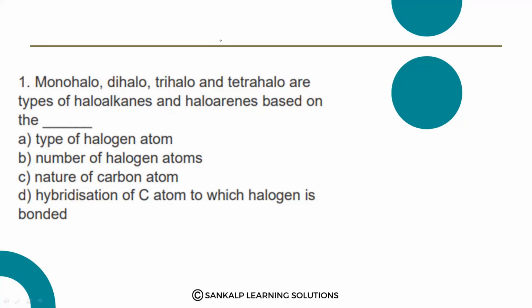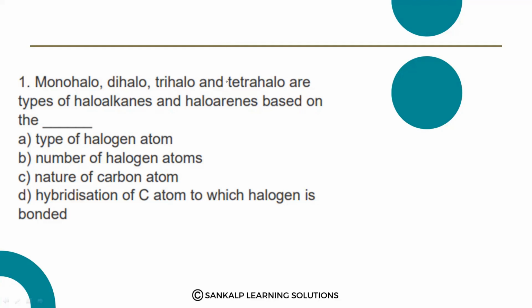We have seen this classification. Mono means one, di means two, tri means three, tetra means four. Halo means halogen compound. So when you have one, two, three halogen atoms, this is classification based on the number of halogen atoms.